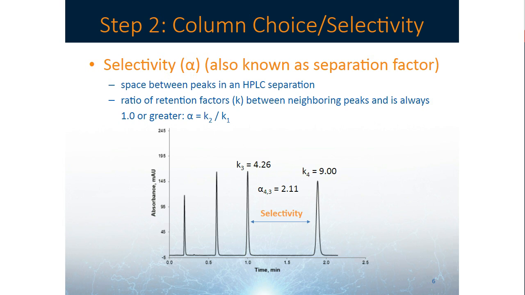So it's defined as K2 divided by K1. And in this example here, I'm showing a K value of 9 divided by 4.26 gives a selectivity of 2.11. And this is an exaggerated example of really great selectivity, but sometimes you're not quite so lucky.